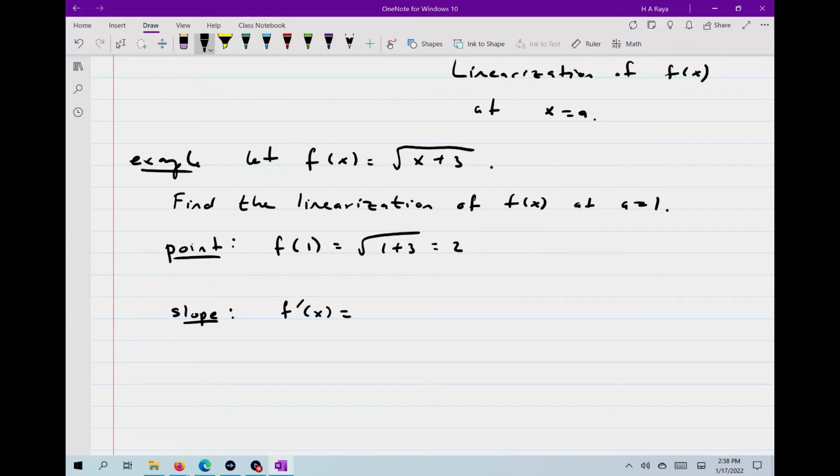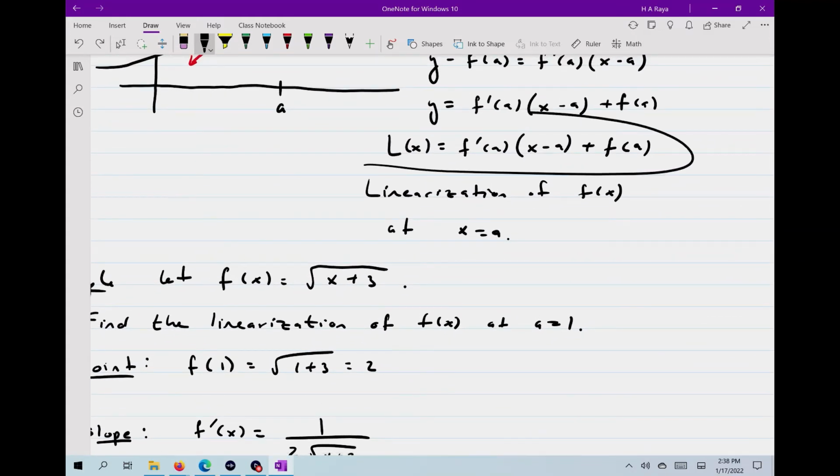So f prime of x in this case would be 1 over 2 square root of x plus 3. And then we're going to take this function and evaluate it at 1. So that's 1 over 2 square root of 1 plus 3. So that's 1/4. So again, we needed our point and we needed our slope that we get to use to evaluate our linearization.